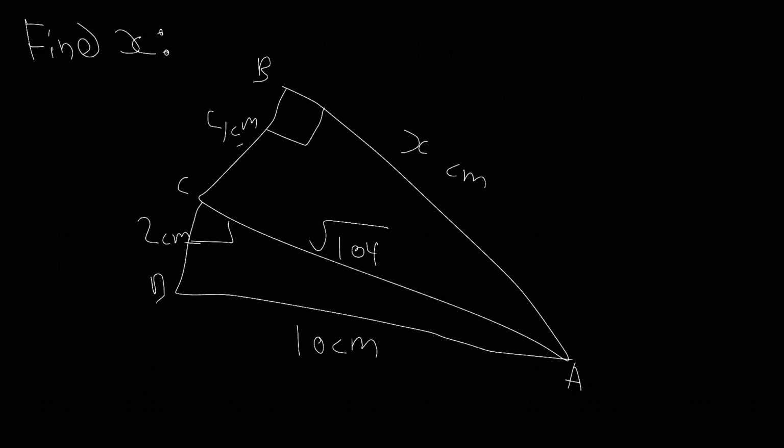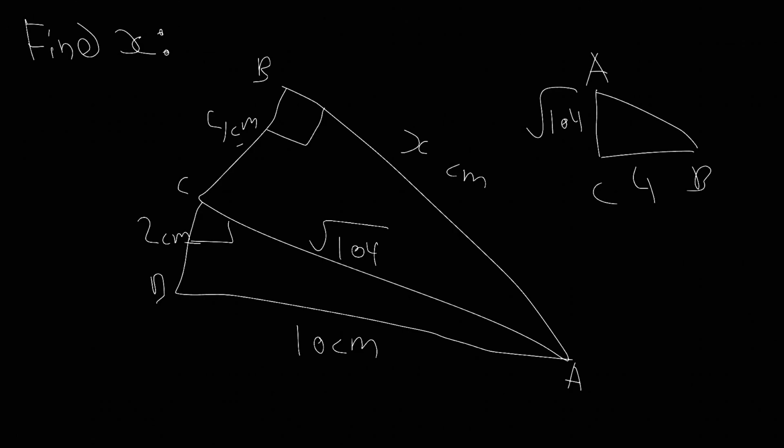And now is when I have two or more known sides on ABC, the right angle triangle. So I have A to C, which gives me root 104. And then I have C to B, which gives me 4.